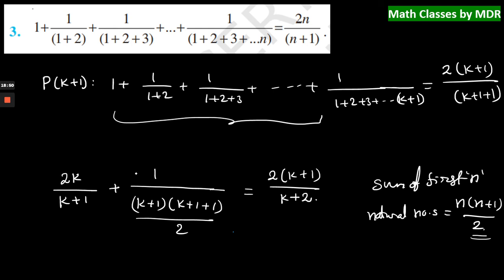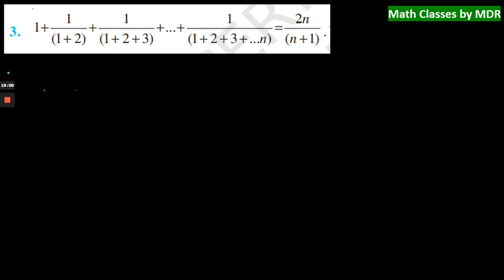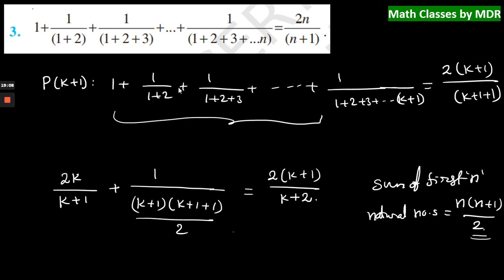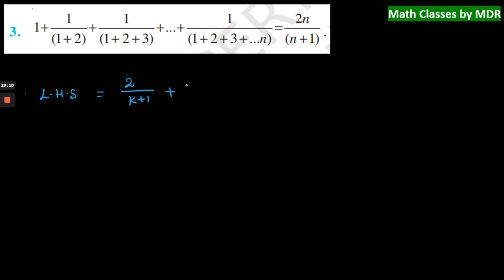Now let us try to prove this. First let us take the left hand side. What is left hand side? We have 2k by k plus 1 plus 2 by k plus 1 into k plus 2.